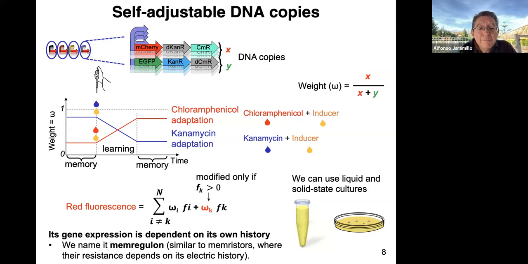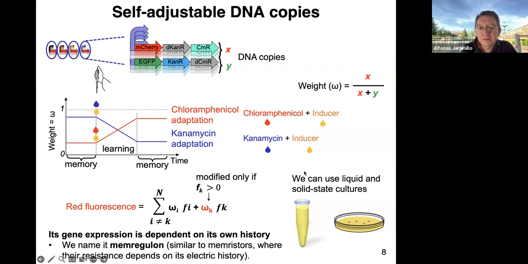So we have named that memregulon, inspired by memory and regulon, like memristors, an electric component that is very much used also for neuromorphic computing to simulate neural networks in electronic devices. Okay, so we name it like that.